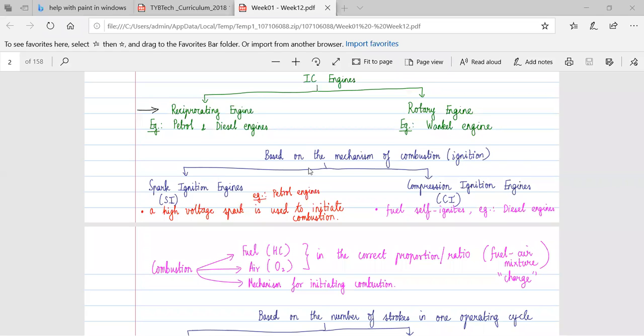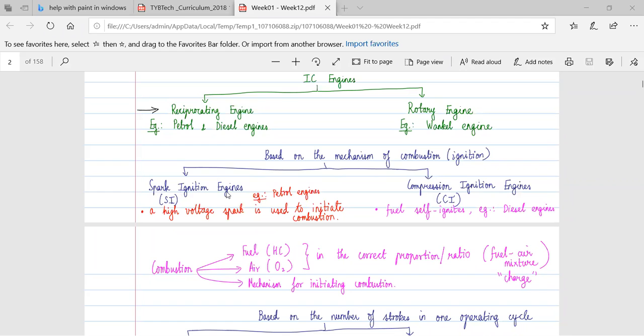We need a spark so that the petrol and air combine and ignite. So according to ignition, we have spark ignition engine and compression ignition engine.